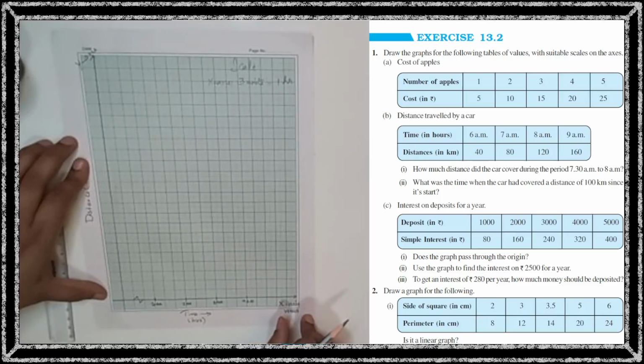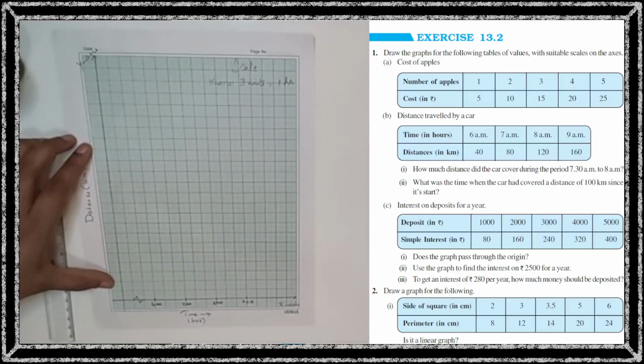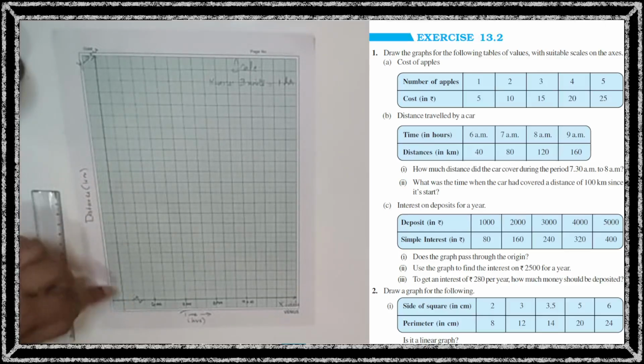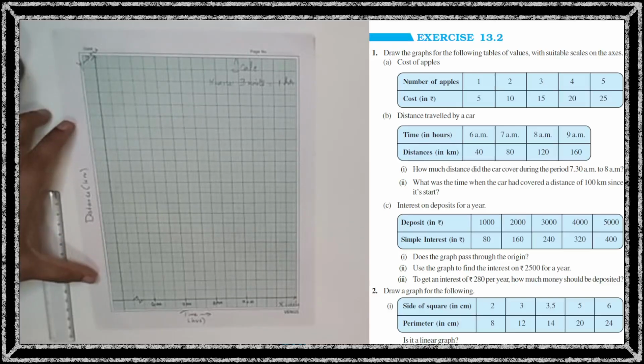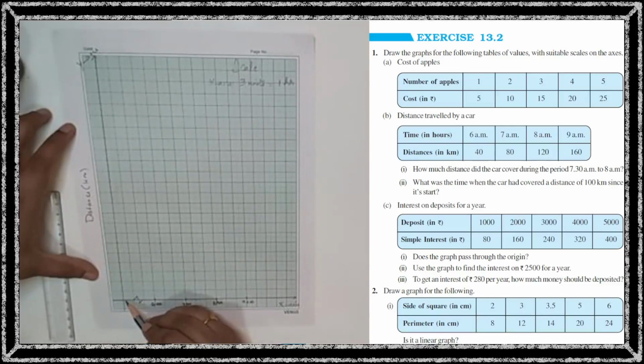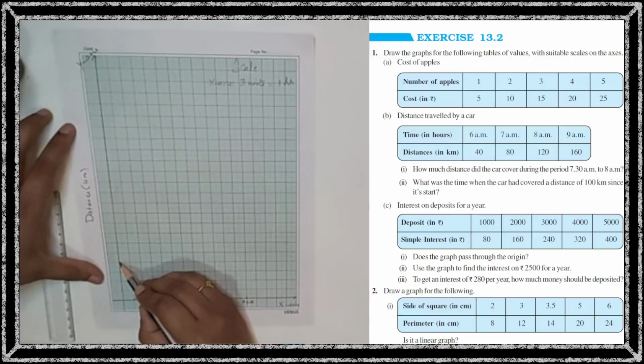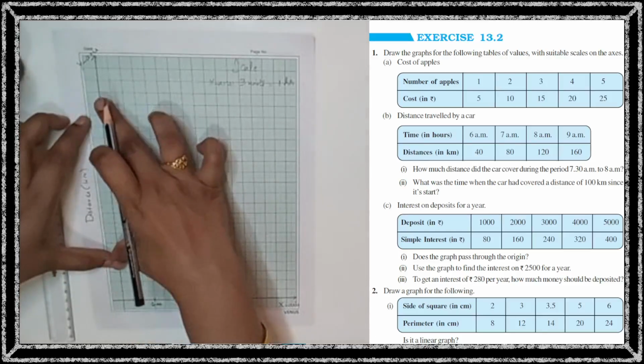In the y-axis, I have distance in kilometers, and the data is ranging from 40 to 160. In the earlier sum, we have already counted that there are a little more than 20 blocks on my y-axis. Because I want 160, I can use 16 blocks. The first 4 blocks will be wasted in the sense that the data is starting from 40, but nevertheless, I'll get a good spread of the data.